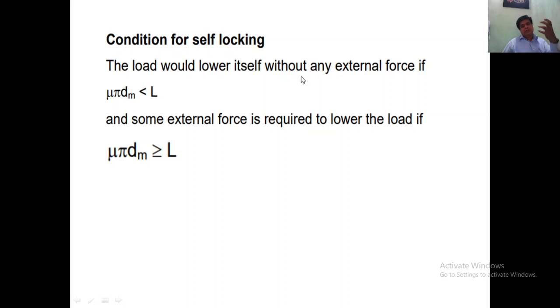When you raise the load while rotating the power screw, the load will be raised, and if you just remove the torque, the load would come downwards without any external force.